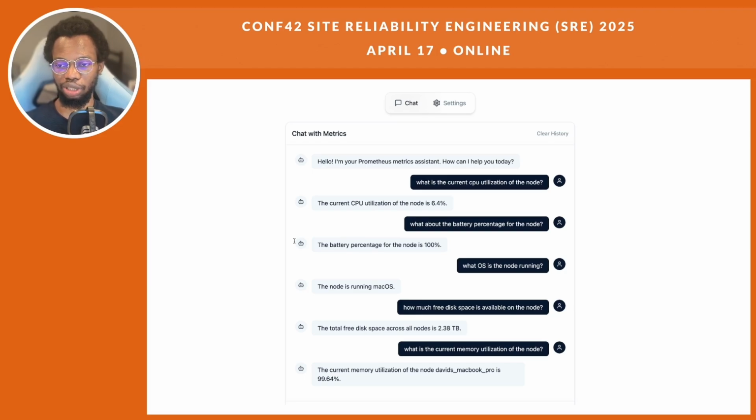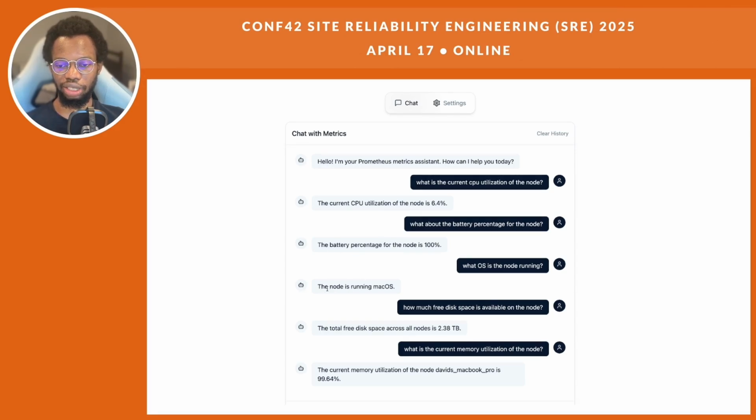The first talks about CPU utilization. So this is the question. In black here, you have the user question itself, while in white is the response from the PromptChat AI system itself. It looks first at asking about the current CPU utilization on the node. We get this. Then it asks about the battery percentage on the node, more around the information always running on the node. I did run this particular example on my laptop using the macOS Node Exporter.